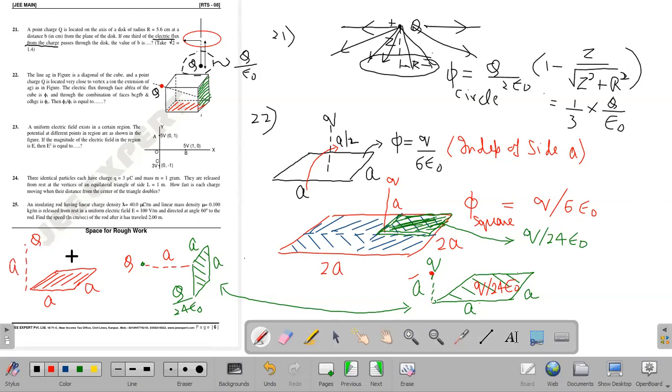So for this square also flux will be q by 24 epsilon 0. And there is one more similar square, which will be this back square, and the charge q is again at a distance from this back square. So flux for this square will also be q by 24 epsilon 0.